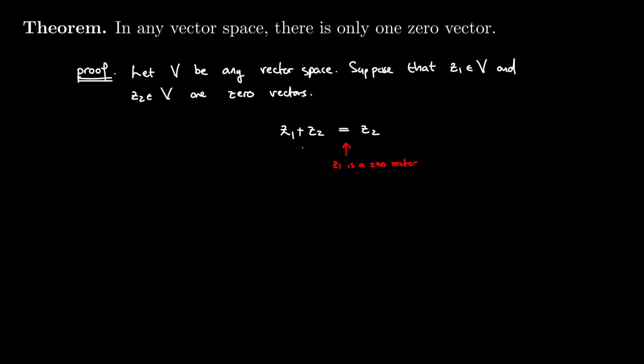And at the same time, this here will be equal to Z1. And this is just coming from the fact that Z2 is a zero vector. And so that's very good. What we've just shown is that if I suppose that there are two zero vectors, then they're equal. So that, in fact, there is only one zero vector.